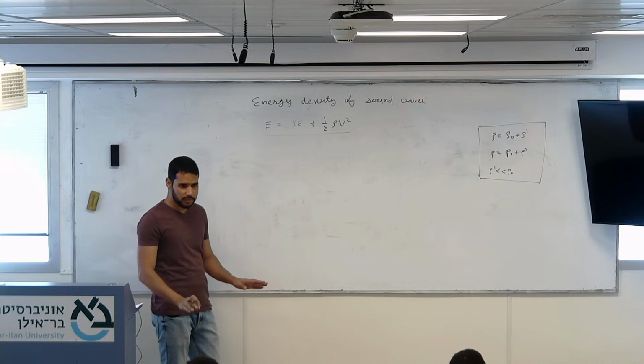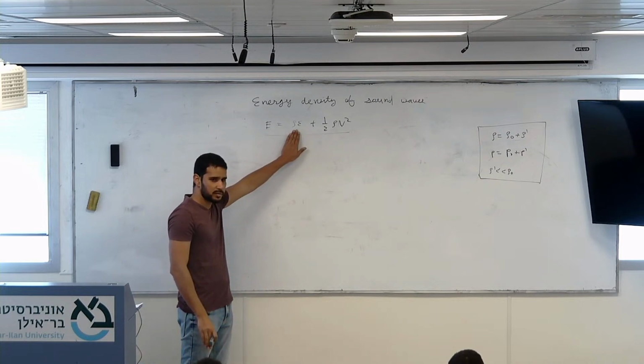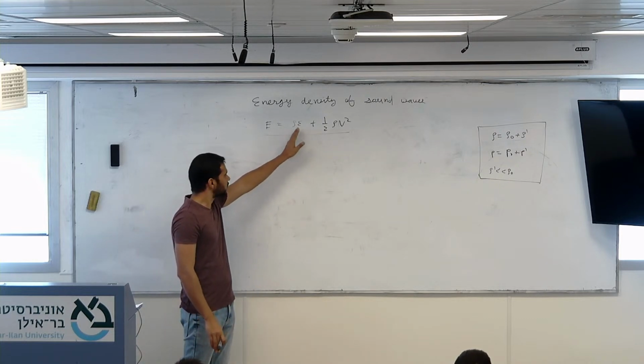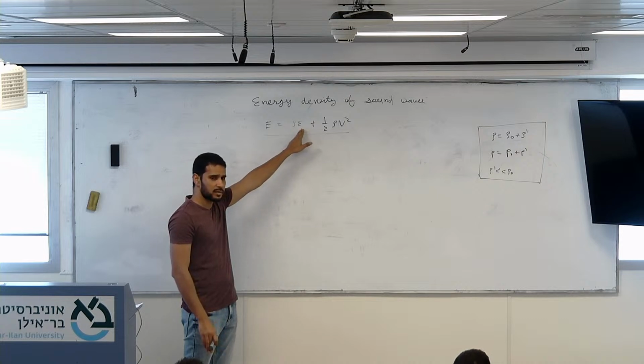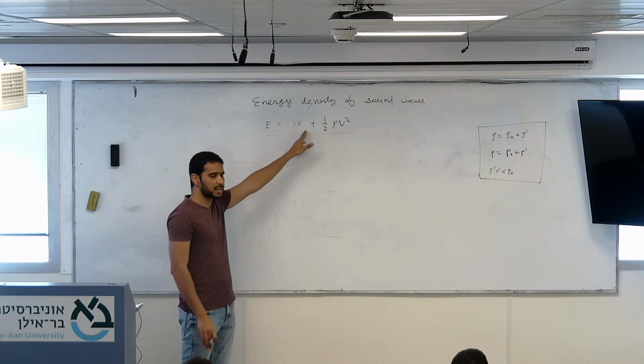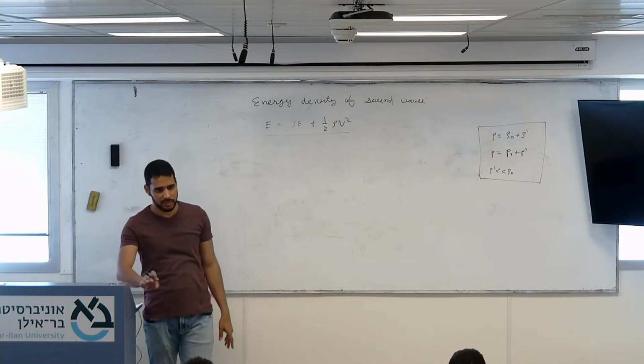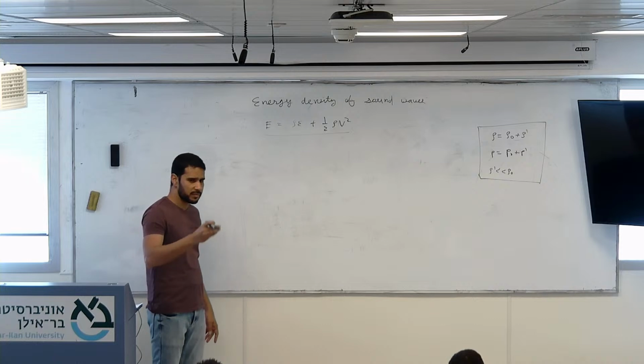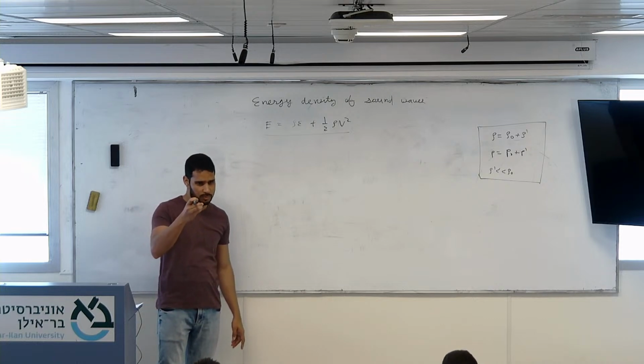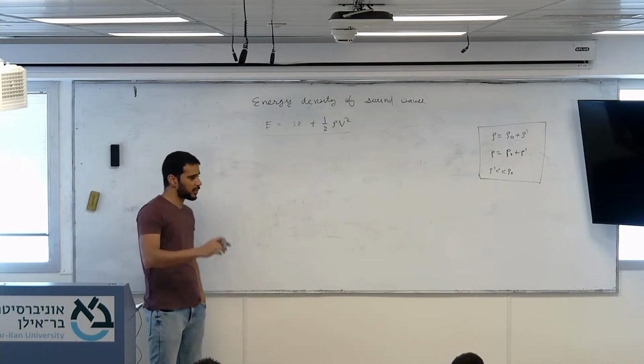If it's not moving, you only have this part. What is this? Density multiplied by specific internal energy. Internal energy density. What is contained inside the particles' motion, basically.